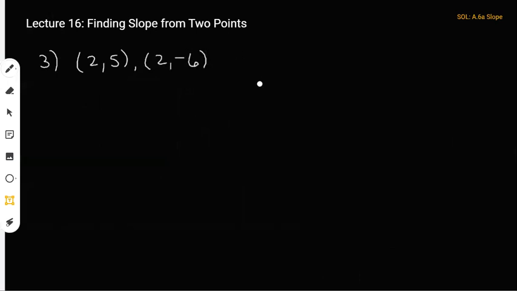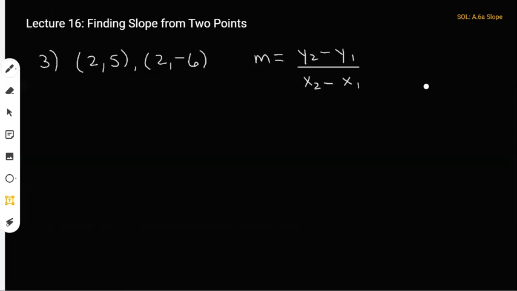Notice how the x values are equal. That's going to play a big role when we try to figure out what the slope is going to be. Now, the first thing we need to do is write out our formula, which is y2 minus y1 on top, divided by x2 minus x1 at the bottom. That's our slope formula.